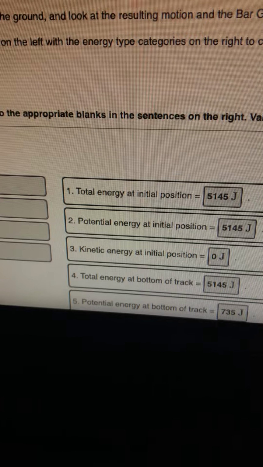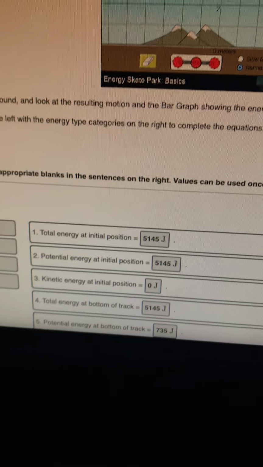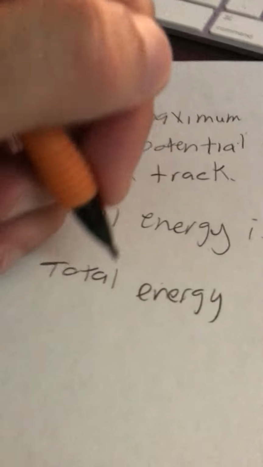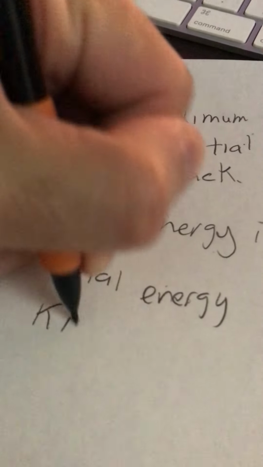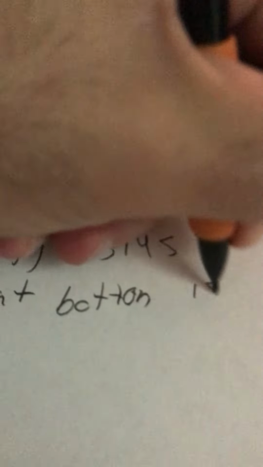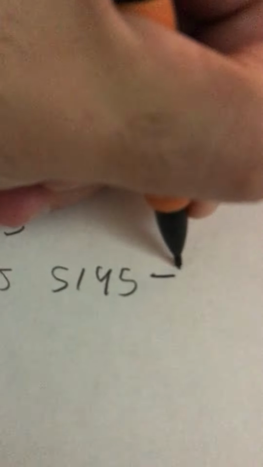Okay? So now let's go back to the calculation. So total energy we'll calculate as 5145 J, right? So this is part D. So total energy is 5145 J, right? And kinetic at bottom is what? 5145 minus 735.